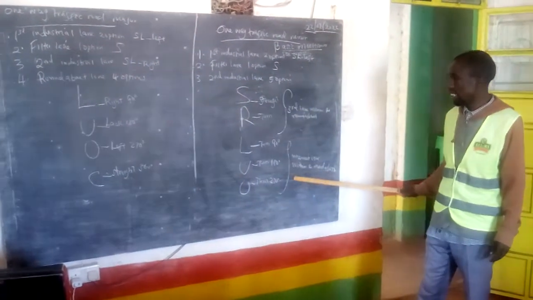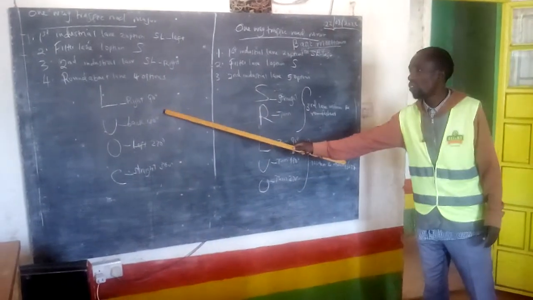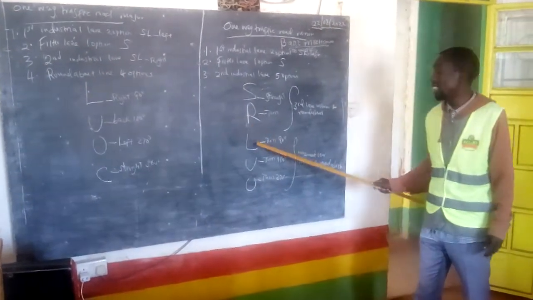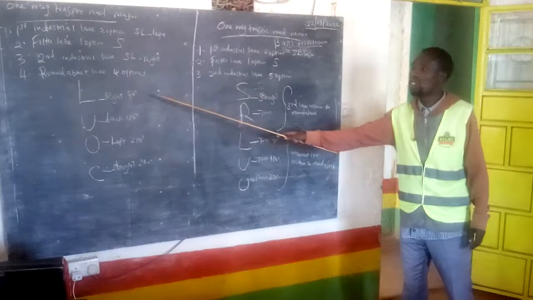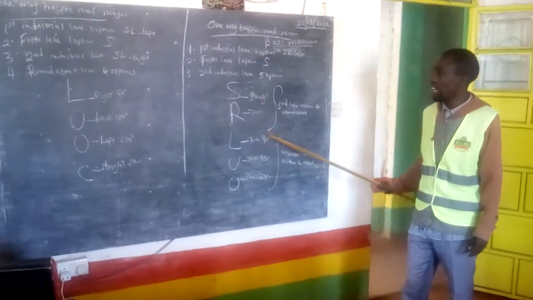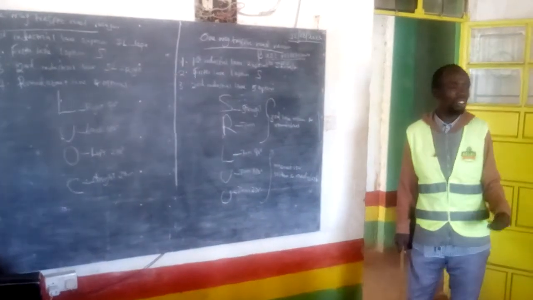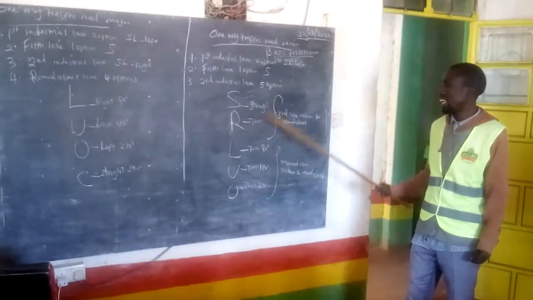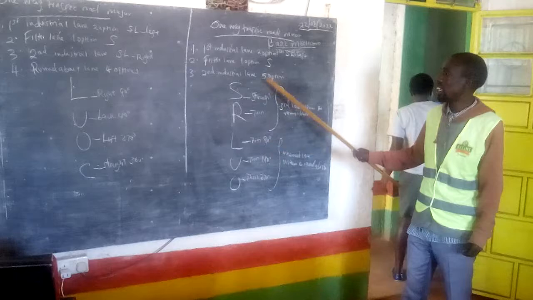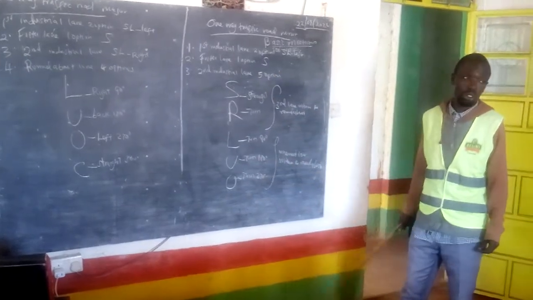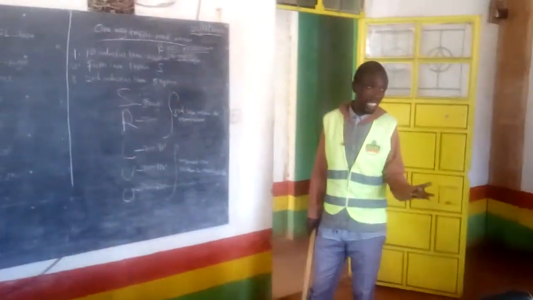The last 3 are the functions of lane 4, the roundabout lane. What we don't have here is the 4th lane, but the 3 options of the 4th lane are here, and they are being done by the 3rd lane of the minor road. I hope that was very clear.